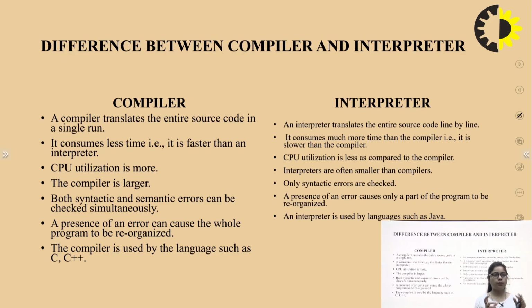The presence of an error can cause the whole program to be reorganized in a compiler, but in an interpreter it causes only part of the program to be reorganized. We need not change the whole program, only that particular part. The compiler is used by languages such as C and C++. The interpreter is used by languages such as Java.